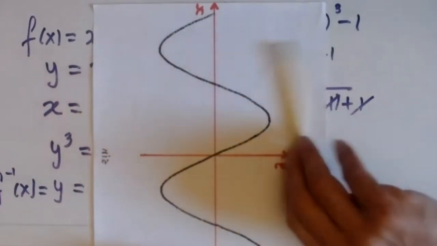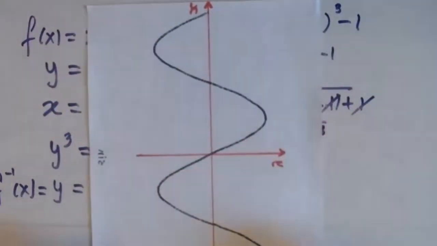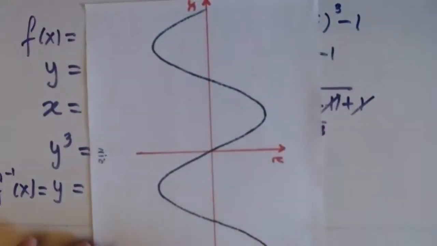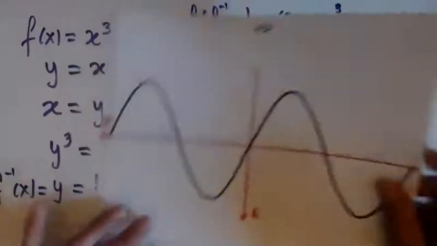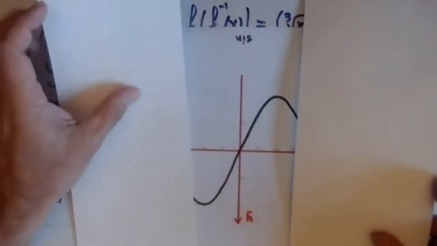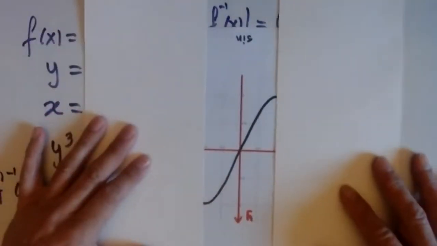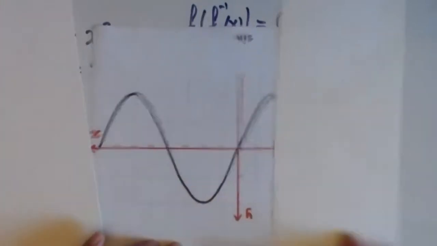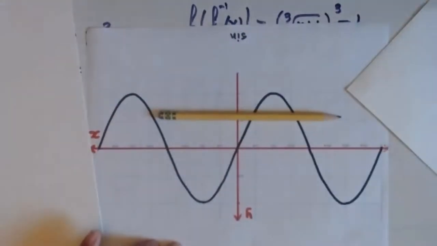So this is not a function. So what we have to do is restrict the domain. So we are going to cut the sine at a little fraction such that the horizontal line does not intersect this more than once.